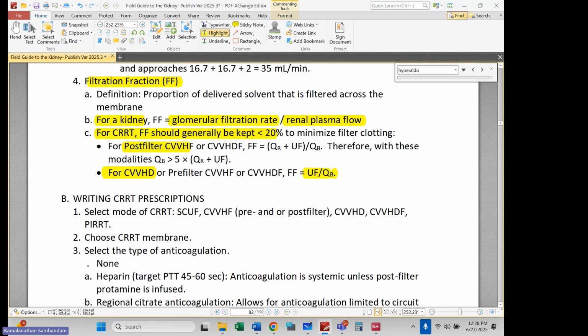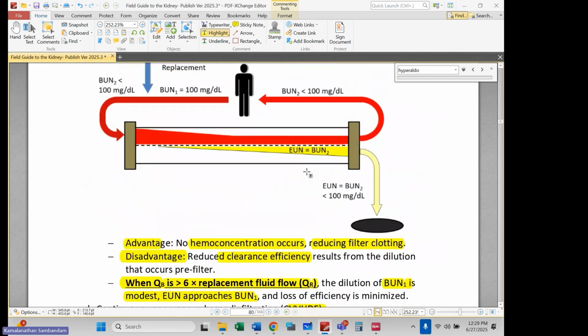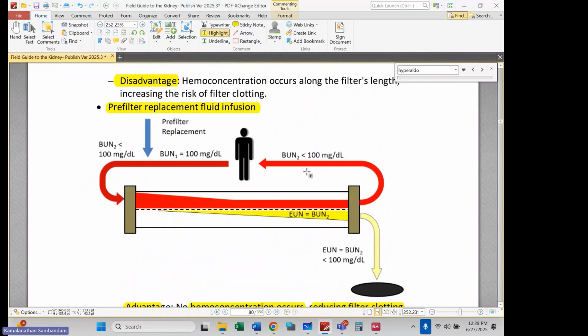Okay. Notice that when I'm in pre-filter hemofiltration, I'm also arguing that the filtration fraction is merely UF over QB. Well, how does that make sense? Let's look at the figure.